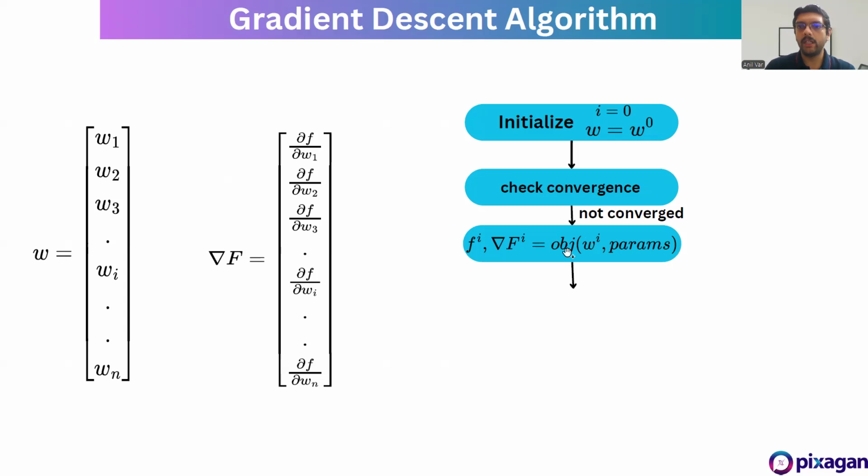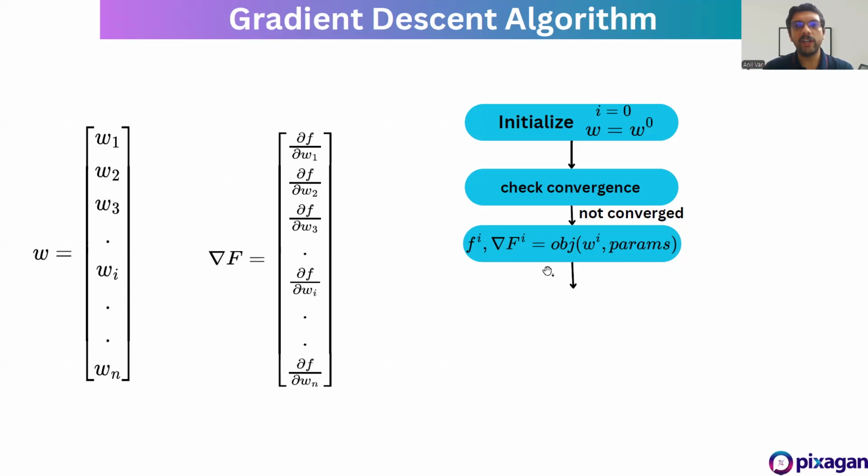Now what do you do? You go in and compute the value of the function given this vector input and any other parameters you're passing in. So for example, in a machine learning problem, you would actually pass in the data point, apart from the weights. So that's why parameters. And then you'd also get the gradient. Now I'm assuming this function gives you the gradient. And in the problem we'll set up, we will actually get the gradient for that function.